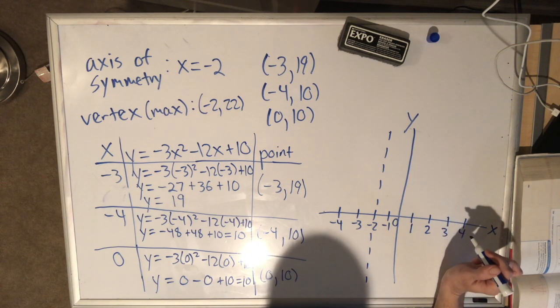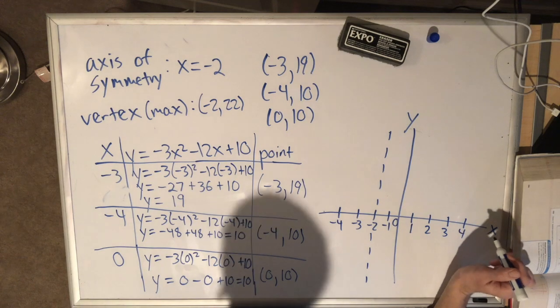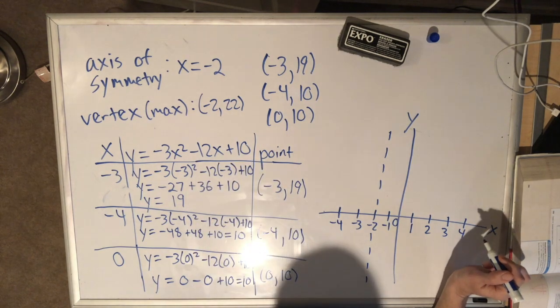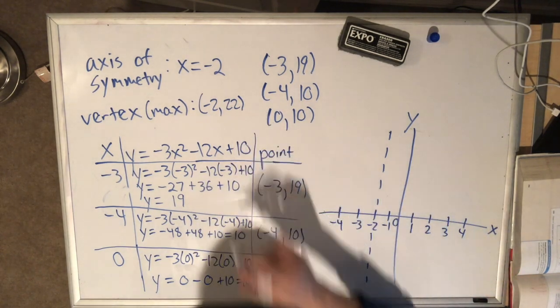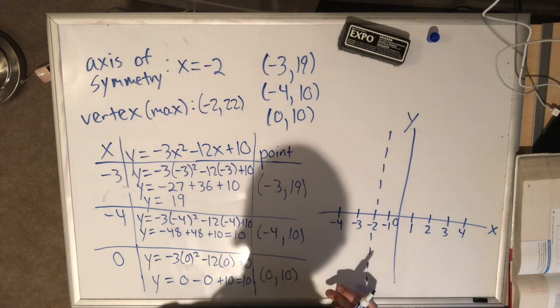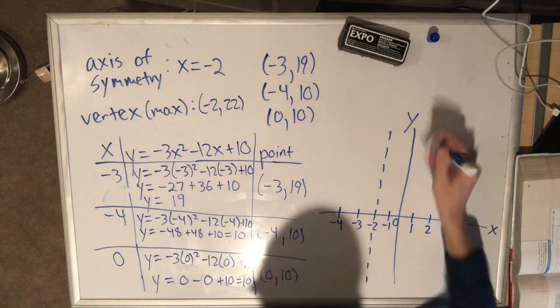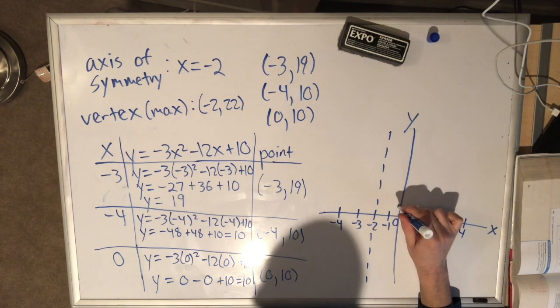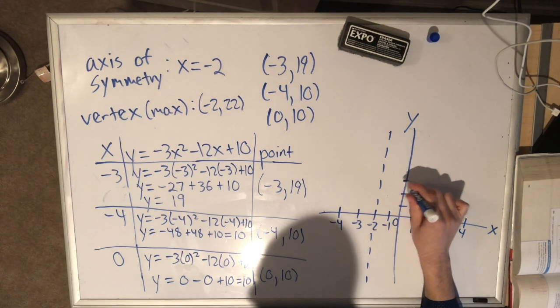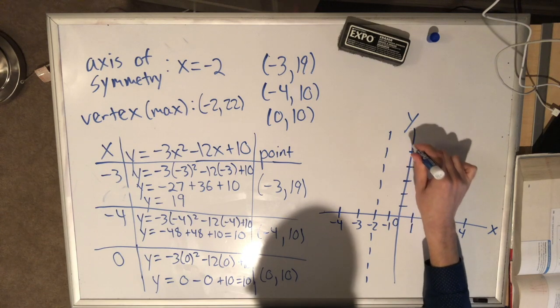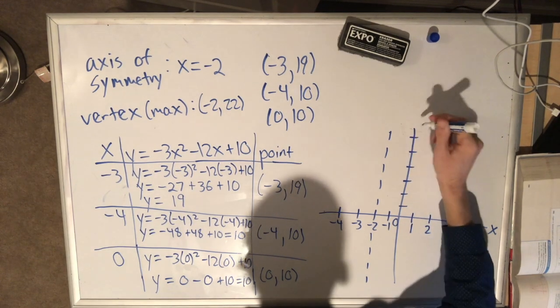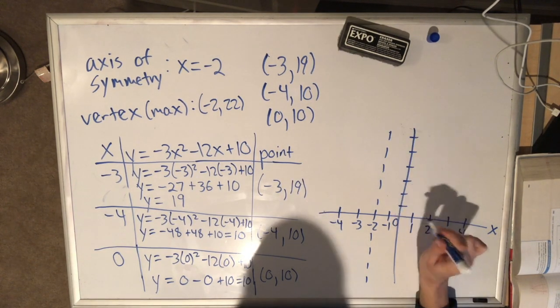And then for the y-axis, the highest y value that we need in our sketch is 22. Let's go up by 2, 2, 4, 6, 8, 10, 12. You know what, let's go up by 4.